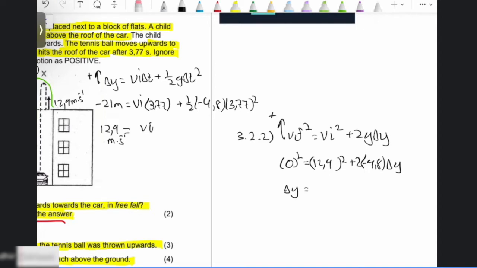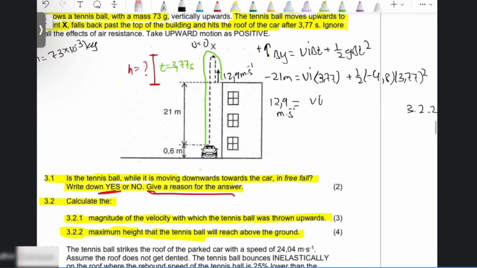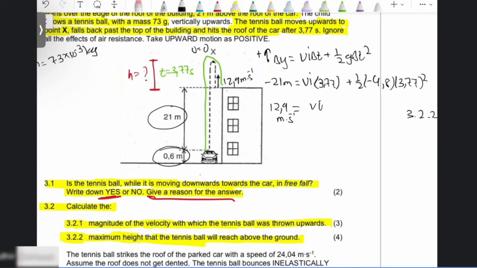Okay, so 8.49. But the total height above the ground is what's important. So it must be the summation of all of those: the 0.6, plus the 21, plus the actual height that we got here of 8.49.